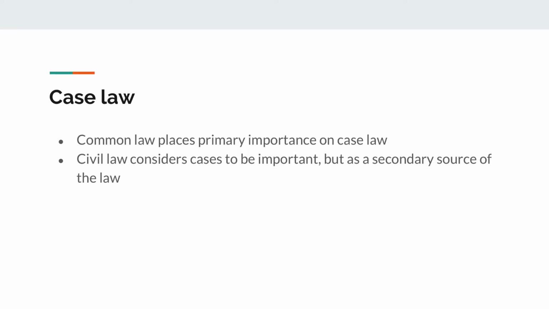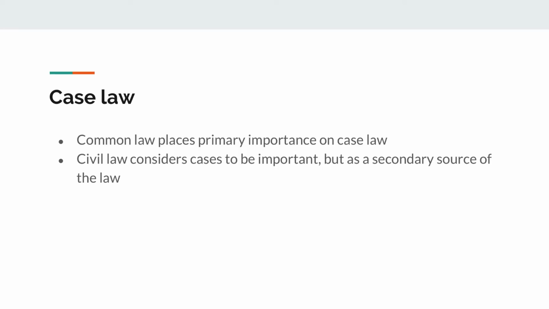In the common law, we have a doctrine called stare decisis. And stare decisis means that a court that is subordinate to the other court that has ruled on an issue must rule in the exact same way, and they must follow the same rule of law. In a civil law system, a court that confronts a number of cases all seeming to say the same thing should follow that line of cases, but they don't have to.